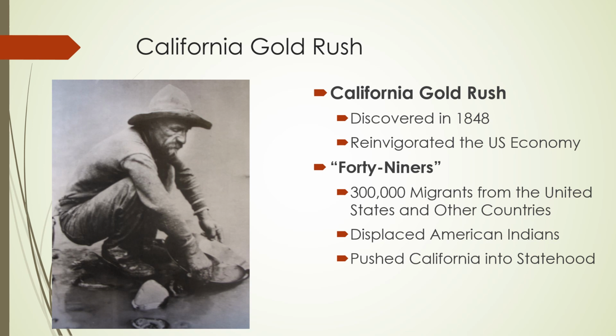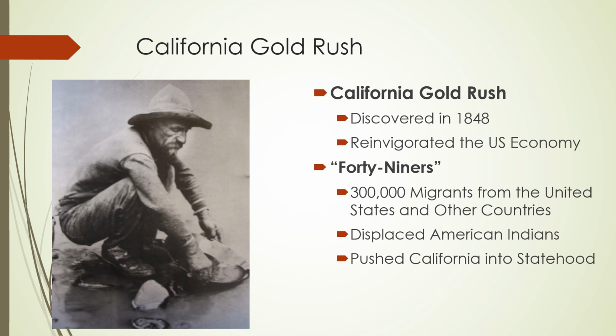But it's going to cause large migrations of people to California from the eastern half of the country and from other countries. So we get people from China, people from Latin America coming in. This displaces a lot of the native population of California, so the American Indians who live there, also the Californios, the Mexican population that lives in California.